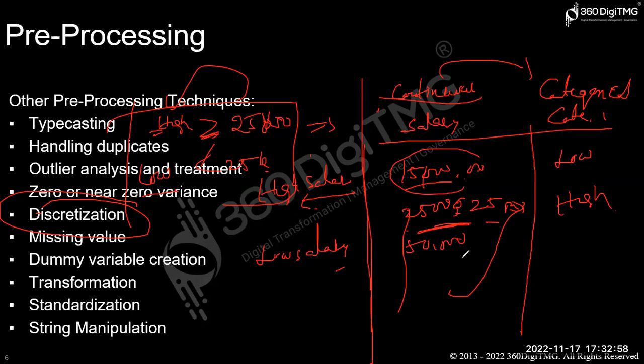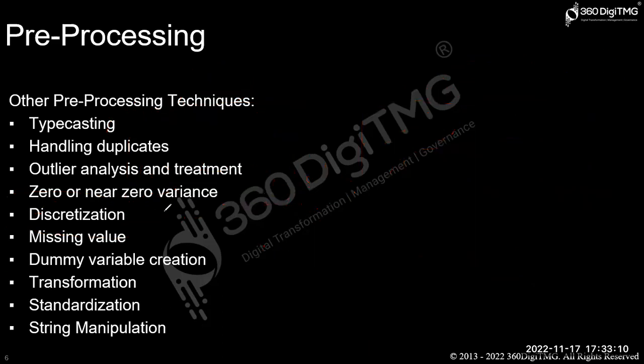Like that, 50,000 will be considered as high. So whatever the continuous data I have, I am converting into discrete or categorical values. That we will be calling discretization.